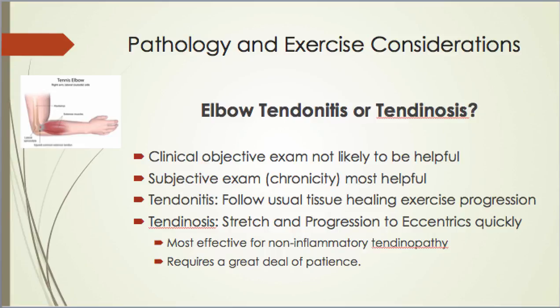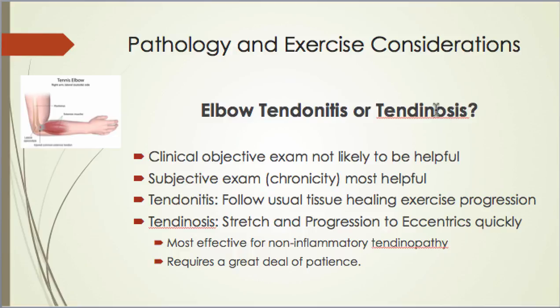So, if it's been 6 weeks that the patient has been having lateral elbow pain and they've been able to really not overuse or abuse the elbow, we're talking about a tendinosis, right? Because tendinitis, the true inflammatory process, gets better fairly quickly within 2-3 weeks or so.